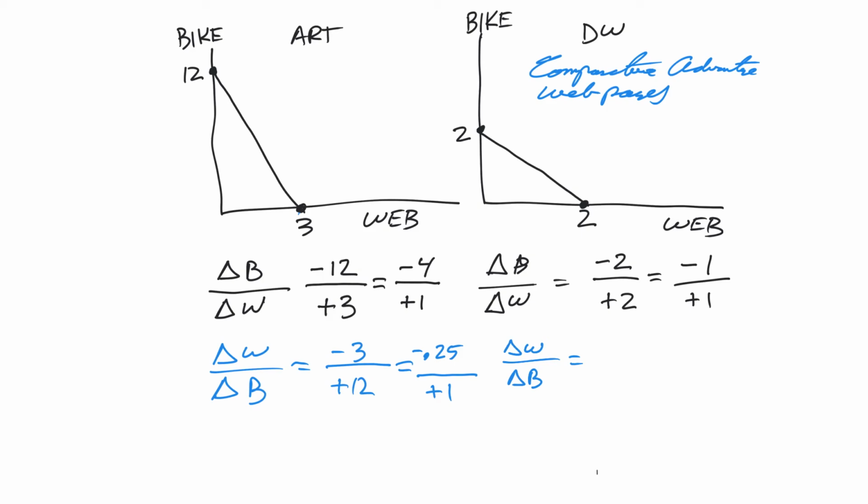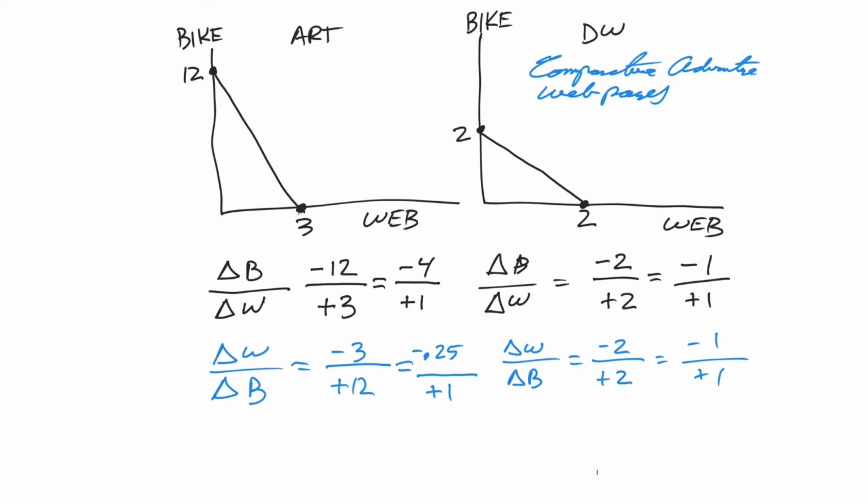Well, we don't really have to do much, do we? If we increase bike repair by 2, web page is going to go down by 2. That equals -2 divided by 2 equals -1. Okay, so one bike repair costs DW one web page.